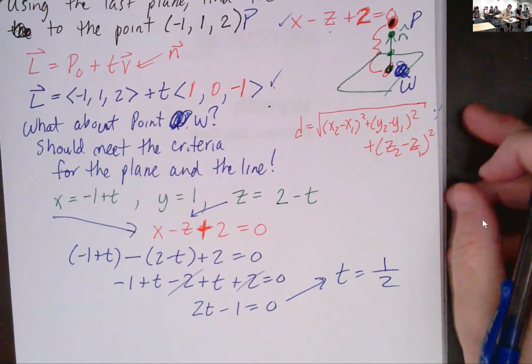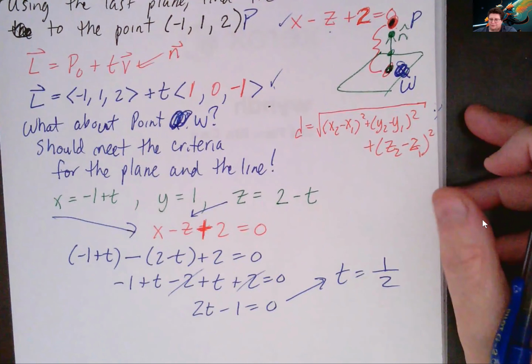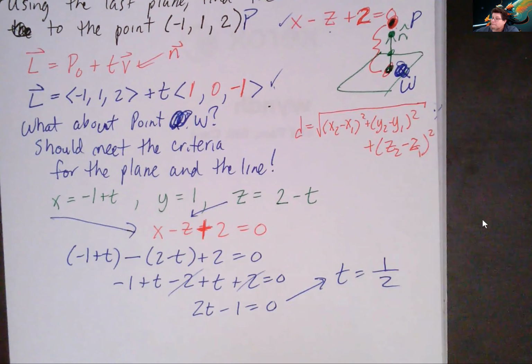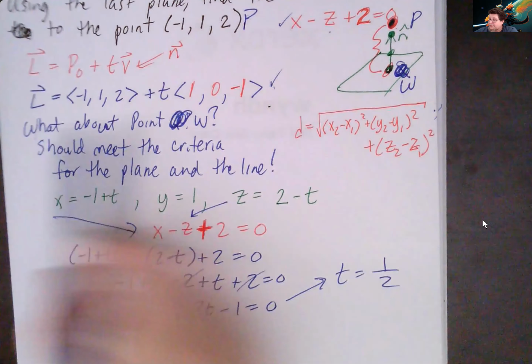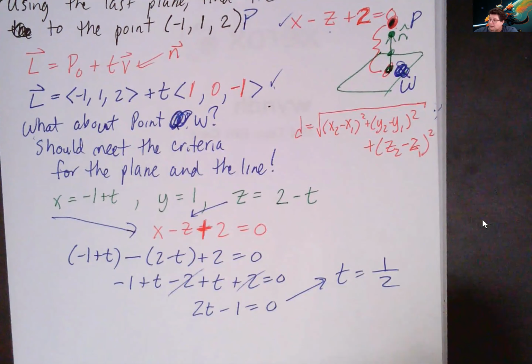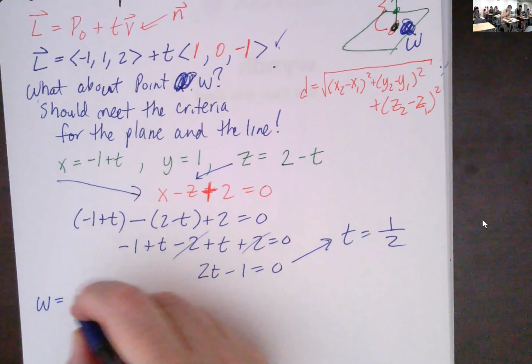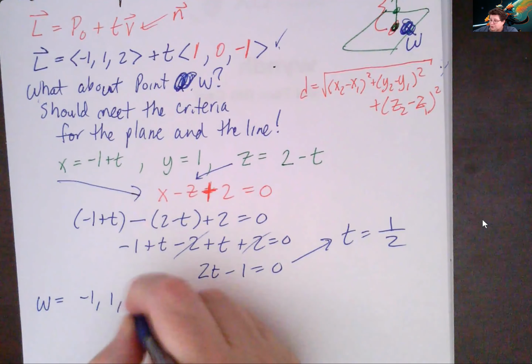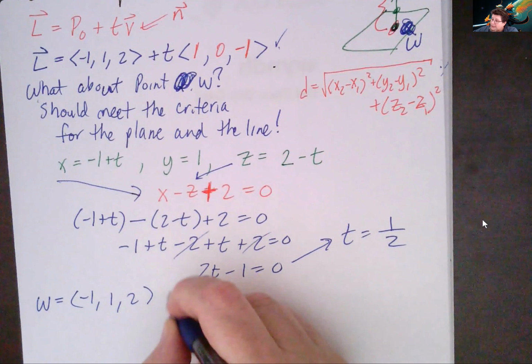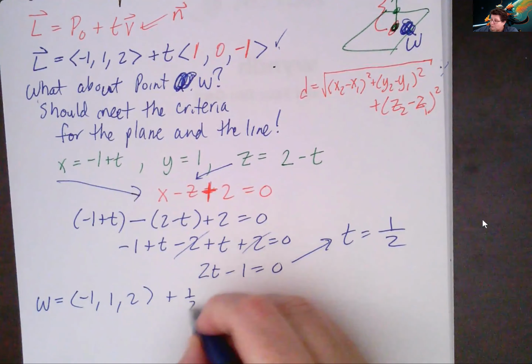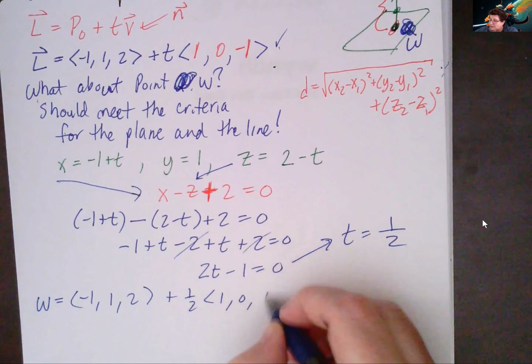You're right, I used Q before, that's my bad. So we'll call that point W. Let's find the coordinates for point W. We know L is pointing to it. So W should be at -1, 1, 2 plus 1/2, 1, 0, 1.